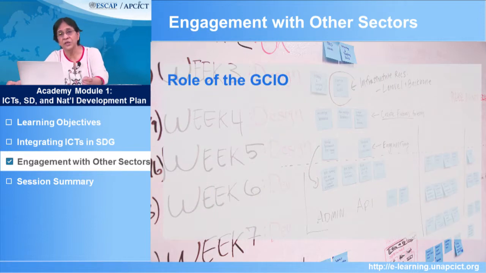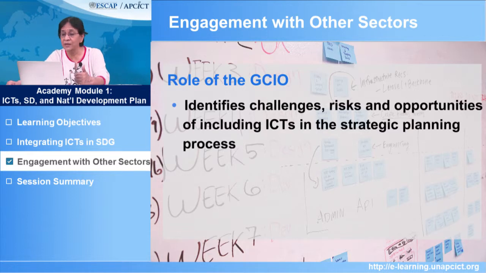Involving ICT specialists as part of decision-making and implementation teams is very important. So in this connection, the role of the government Chief Information Officer changes from one who is simply a technology officer to one who identifies challenges, risks, and opportunities of including ICTs in the strategic planning process.